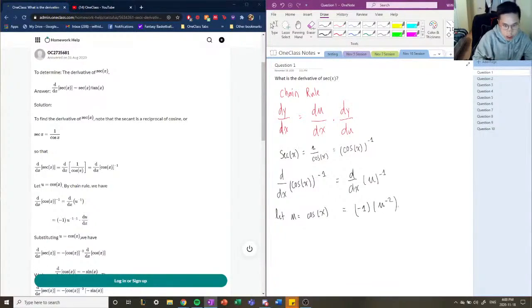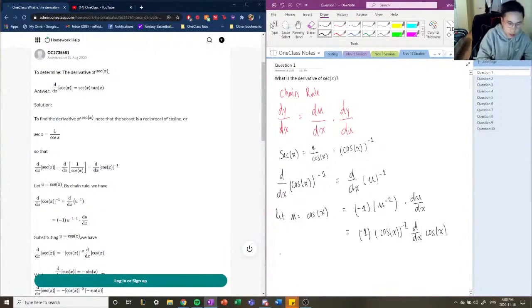So we get -1 times u to the power of -2 times du/dx. Okay, cool. And then we want to plug our u back in. So that's going to be cos x to the power of -2, and then d/dx of cos x.